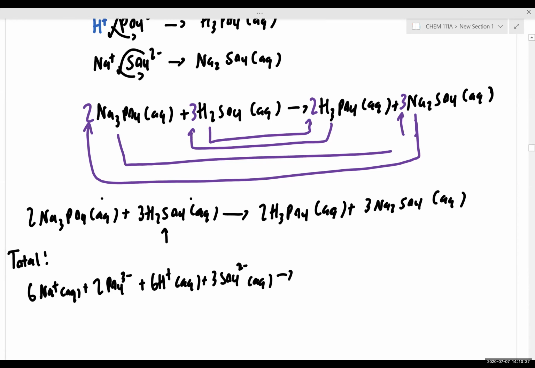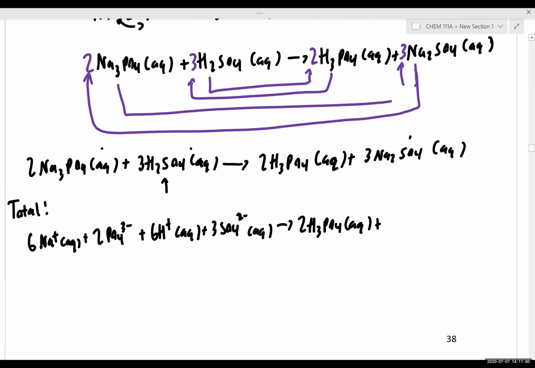Do we dissociate phosphoric acid? No, phosphoric acid is weak, so we keep it together.